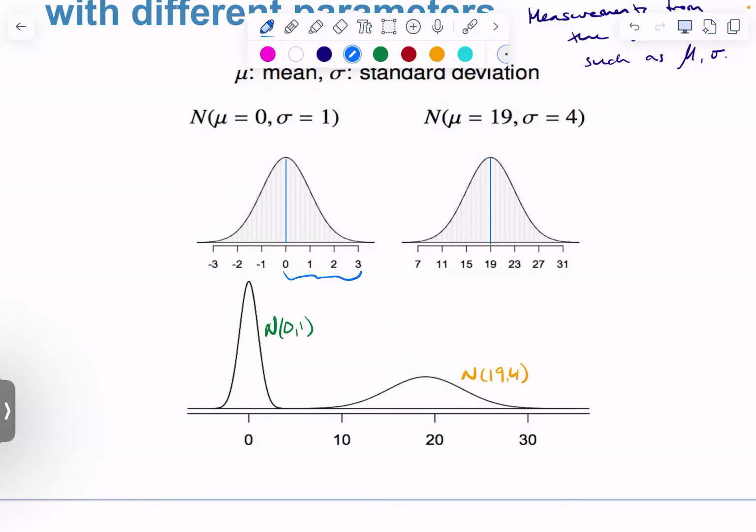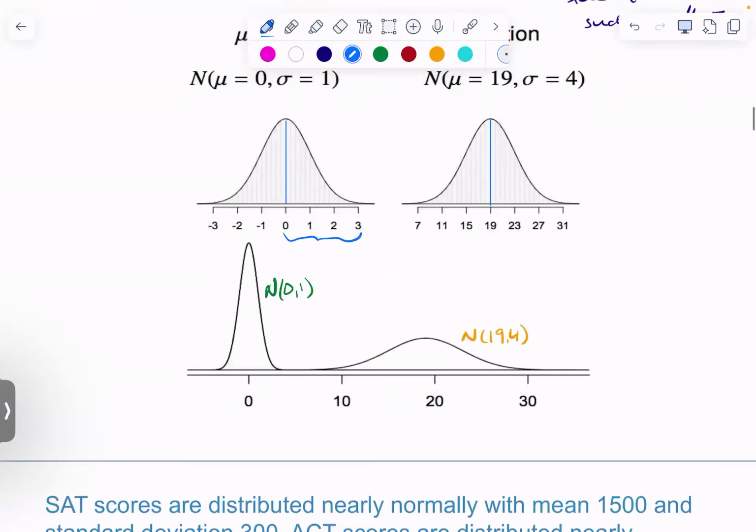In fact, after 3 standard deviations, there's basically no area left. It's very, very small. Don't worry, we'll know how much area is left. Roughly 0.15%.